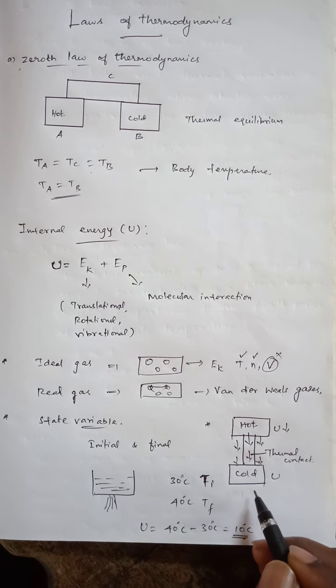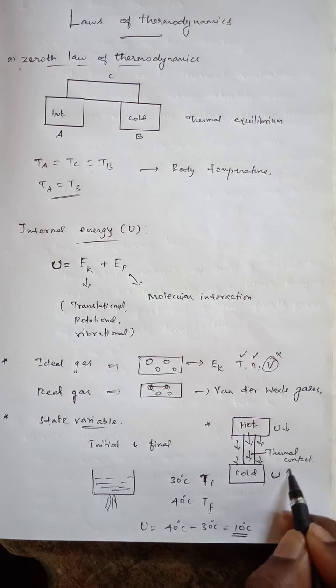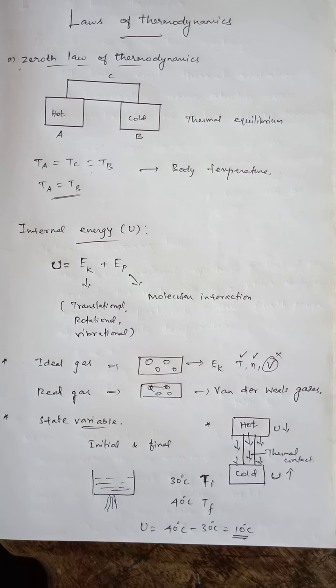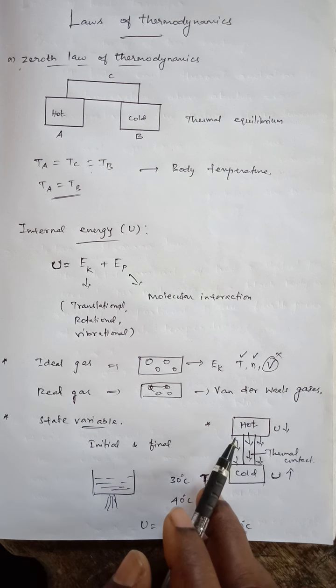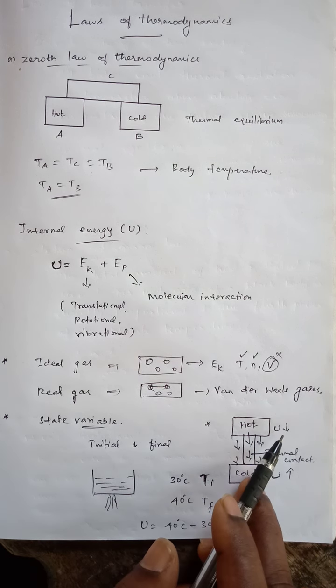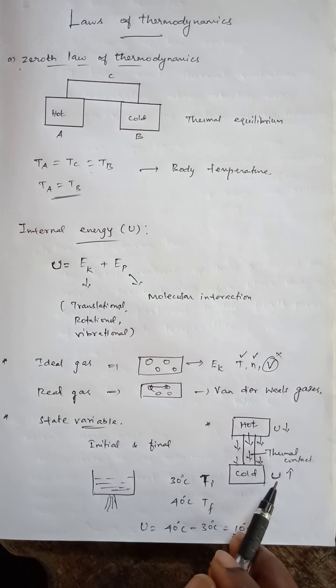At the same time the cold object gets energy from the hot one, so its internal energy increases. When the hot object loses heat energy, its internal energy decreases; the cold object gains that heat energy, so its internal energy increases.